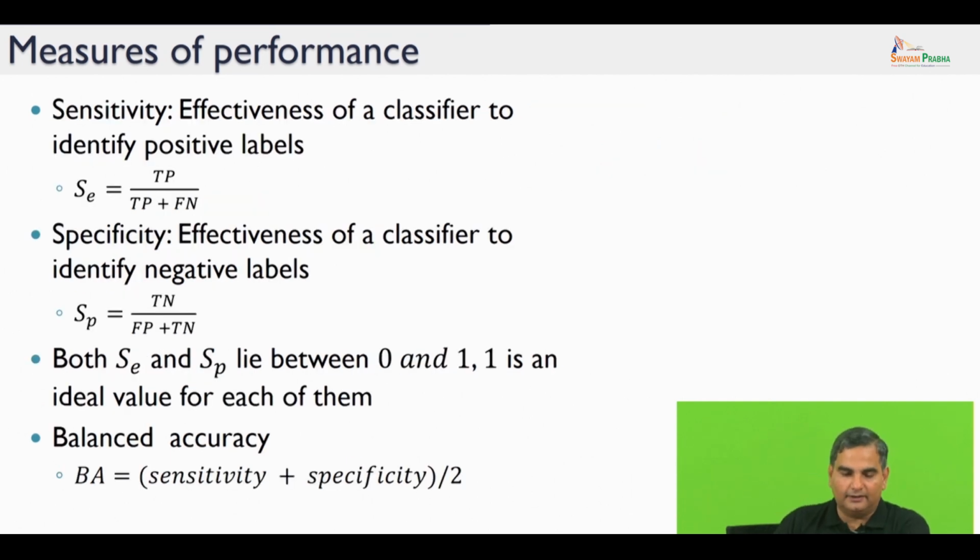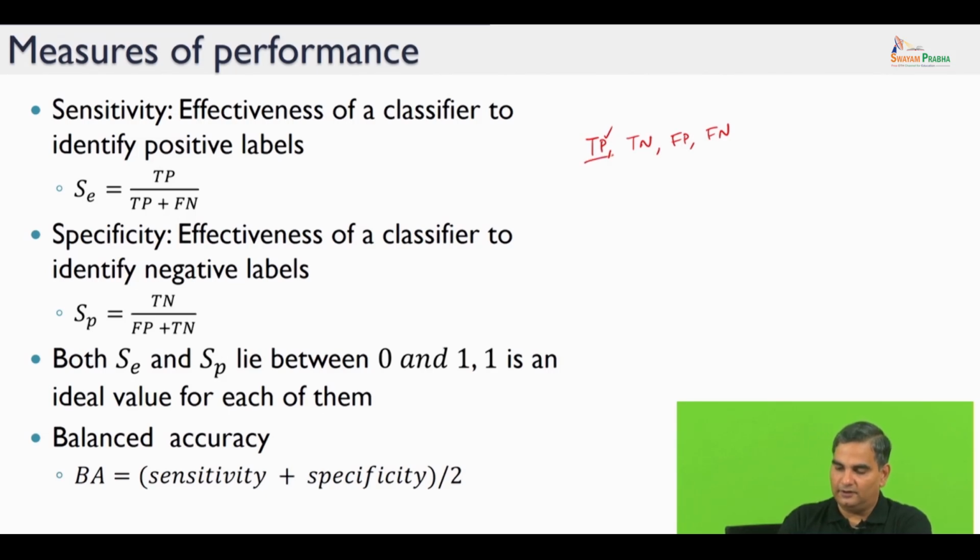Now, the other definitions: there is a definition for sensitivity, where we want to find out how effective the classifier is in identifying positive labels alone. So, in the 4 cases, again let us look at it: true positive, true negative, false positive, false negative. The classifier has effectively identified a positive label only if the identification is positive, and that is the truth, right?